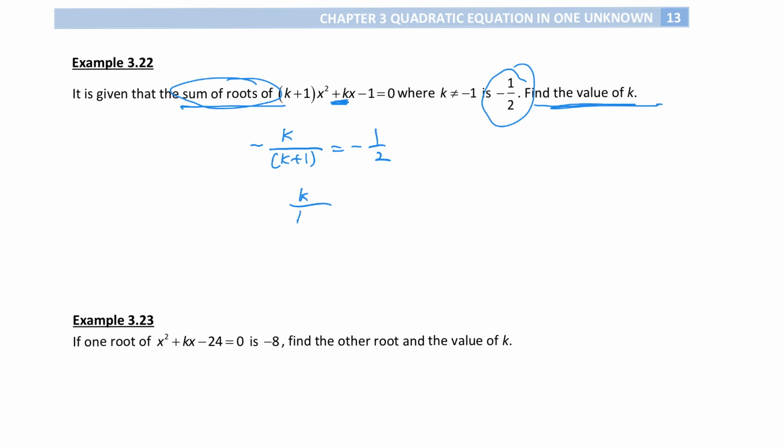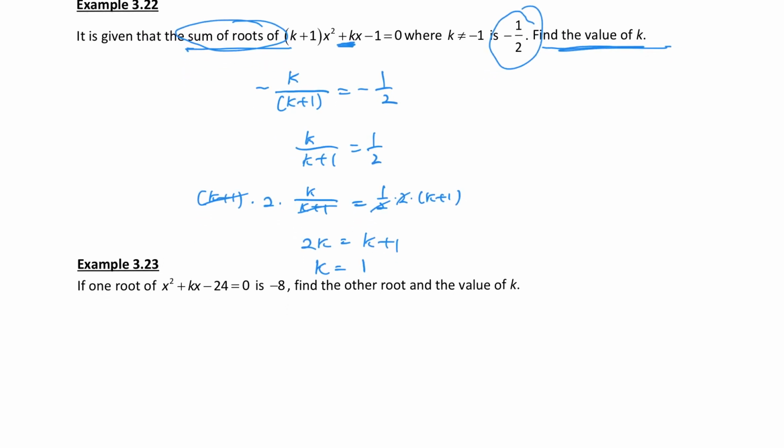So k over k plus 1 is equal to 1 over 2. We can multiply 2 on both sides and multiply k plus 1 on both sides, and then cross out all the denominators. 2k is equal to k plus 1. Minus k on both sides, k is equal to 1. This is the answer.